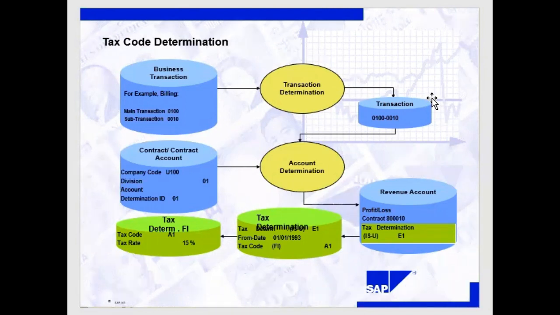Payment lot means where we are collecting the money. So when we start the execution, the transaction is started and we go to all these items, company code and account determination. So we get the main transaction here in this example. From the business transaction, we have 100 and 110 as main and sub transaction. We have a company code U100 and we have account determination ID 01.